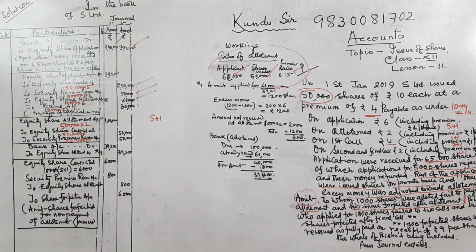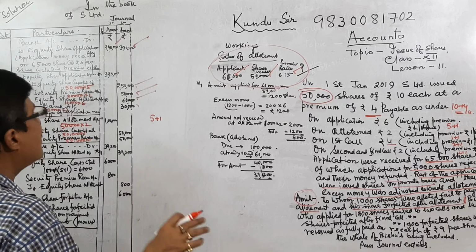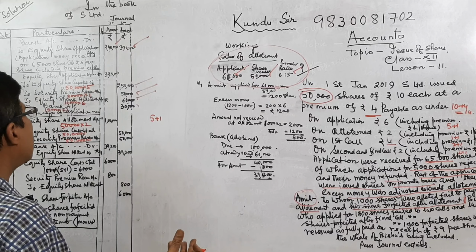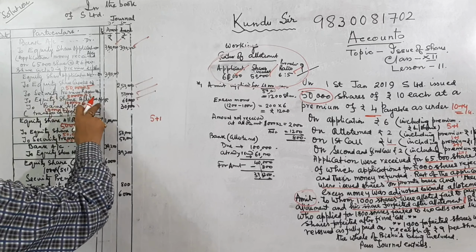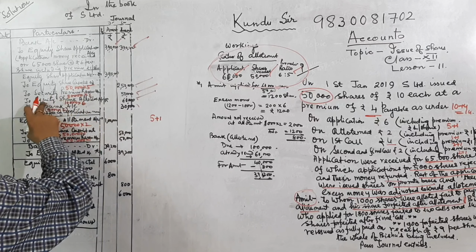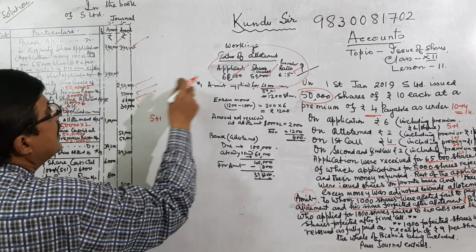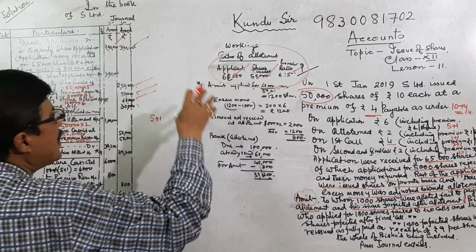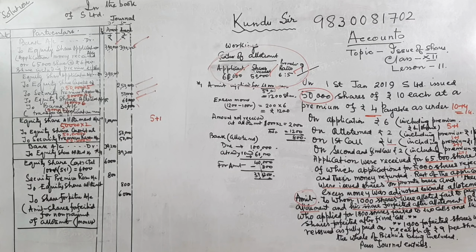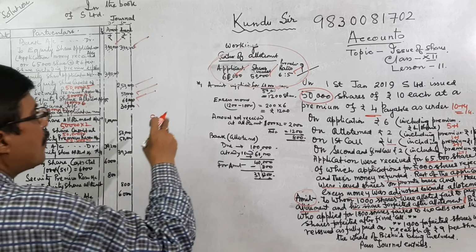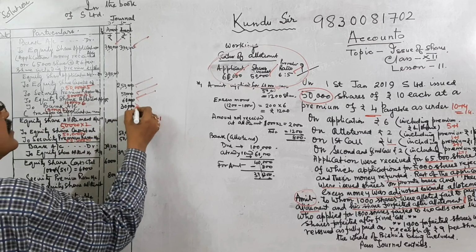Or if you do it here, you can write calls in advance. Either you can write equity share allotment account or calls in advance account for 60,000, that is the excess application money which we are retaining, and we are refunding 5,000 applications into 6, that is 30,000.